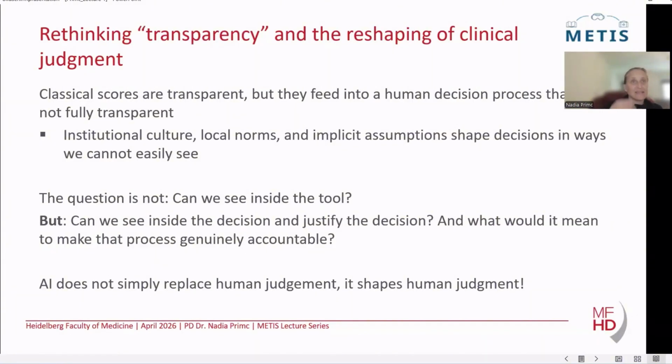And understanding that and evaluating it ethically requires more than just a preference for transparency or accuracy or both. It really requires a framework to enable that accountability of clinical decision making into which AI tools may be integrated.